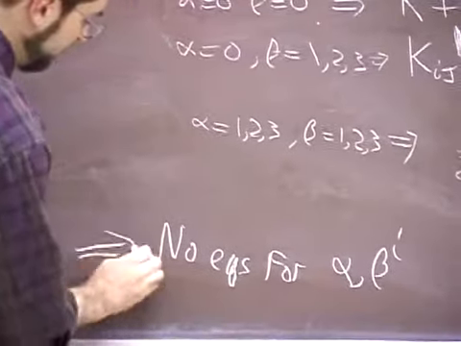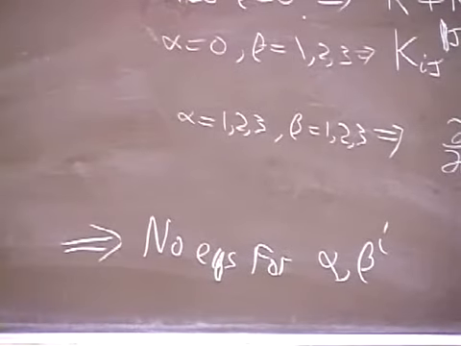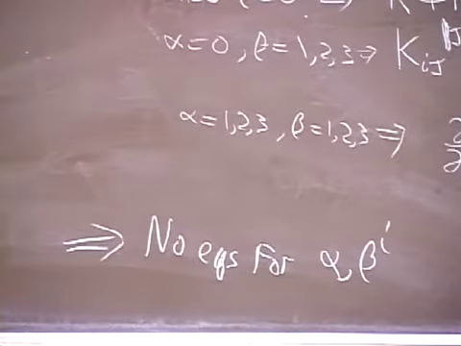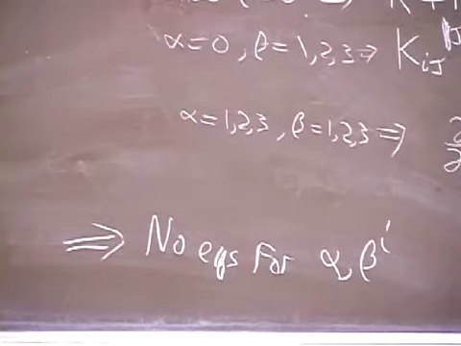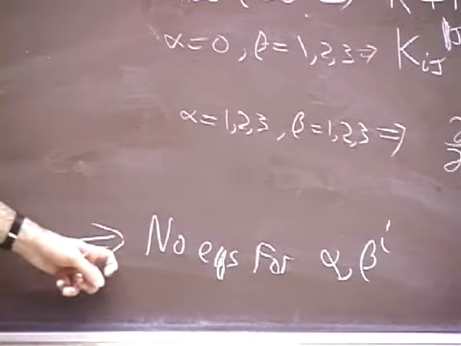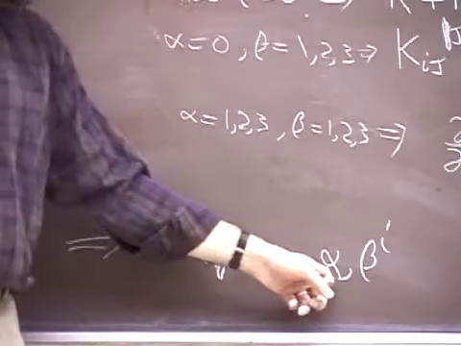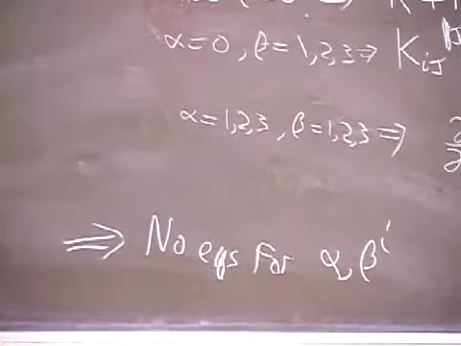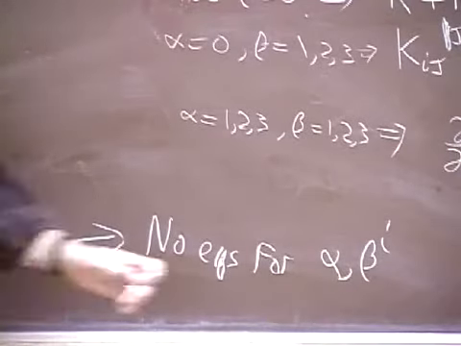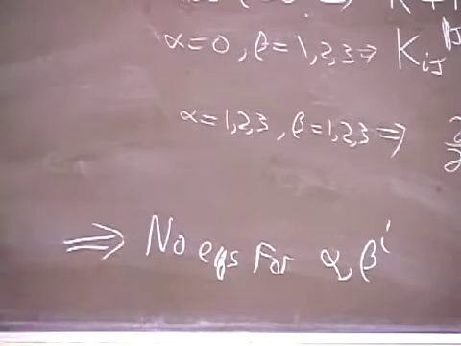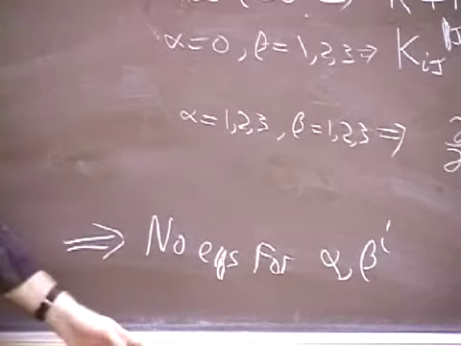And just like in electromagnetism, where you have no equations for the scalar potential, here it turns out that you have no equations for the lapse and the shift, which are, again, the functions that tell you about the coordinate freedom or the gauge freedom that you have.